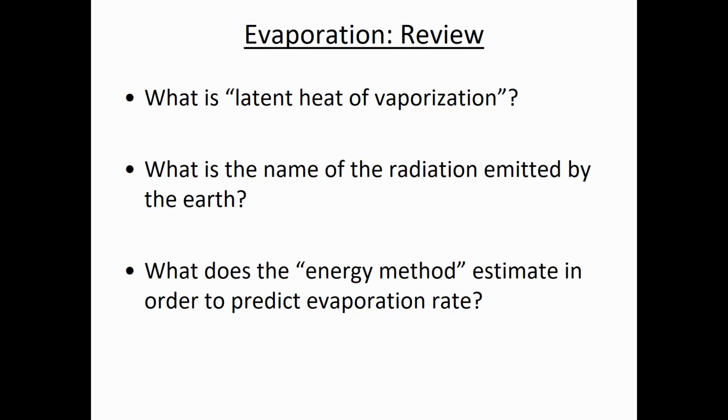Yeah, the energy method is an approach that calculates how much energy is available to do the work of vaporization. It estimates that energy by the balance between incoming shortwave and outgoing long-wave radiation.